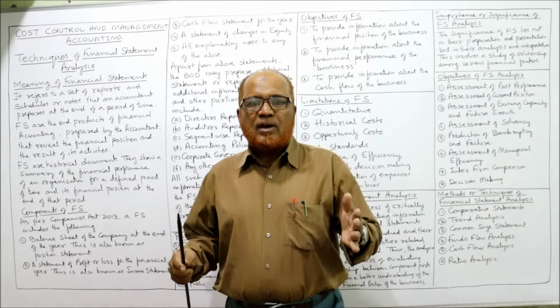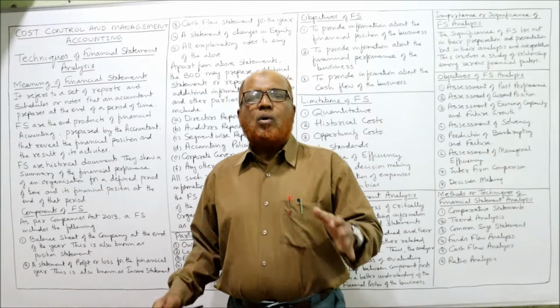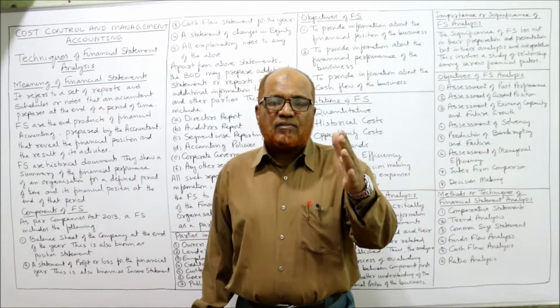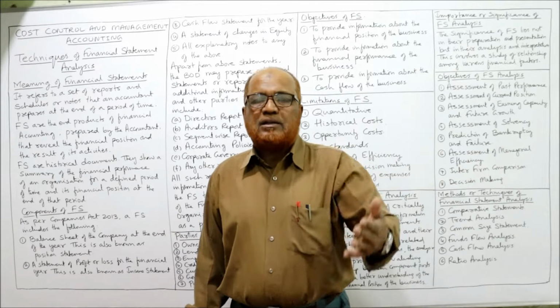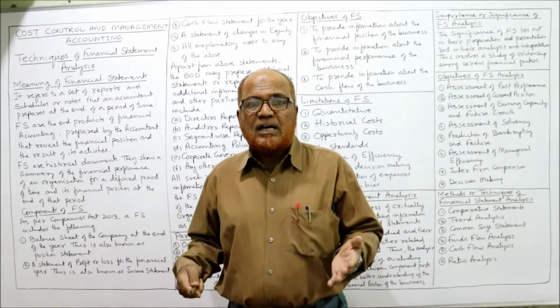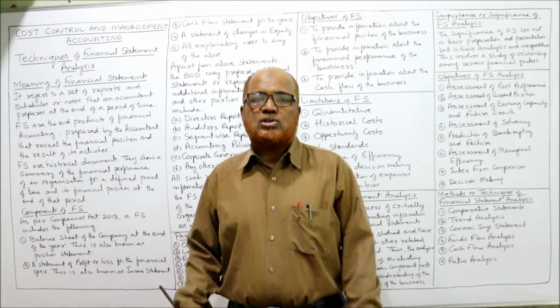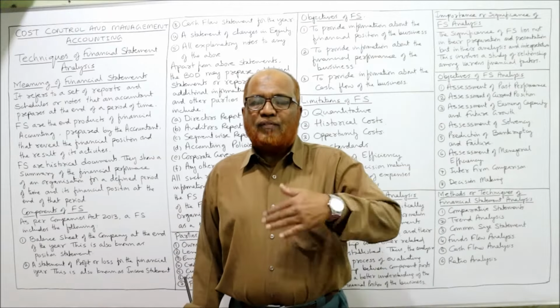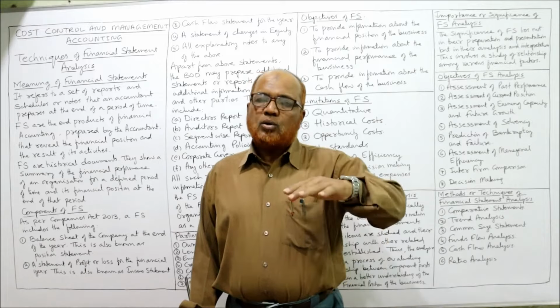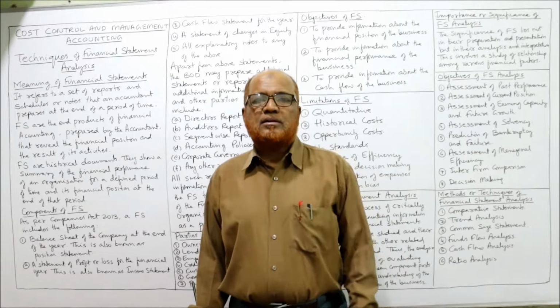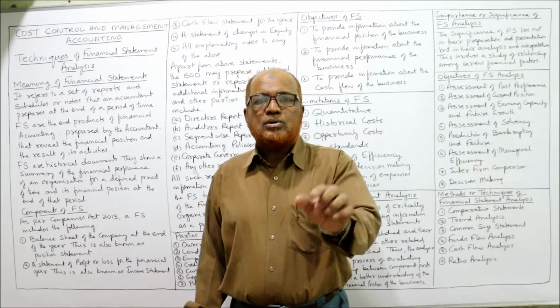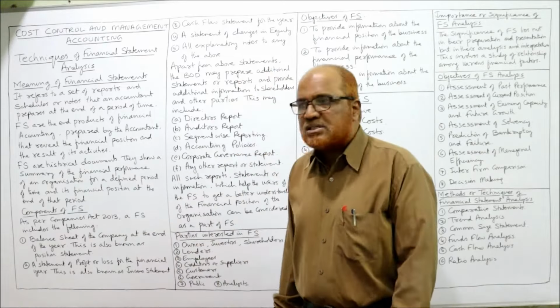Every businessman, every owner, every manager wants to know the financial position at the end of the year and the operating result, whether the business has earned profit or incurred loss. To find out the financial position and the profit or loss, the final accounts are prepared. These final accounts are called financial statements.